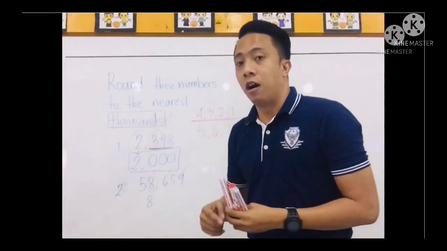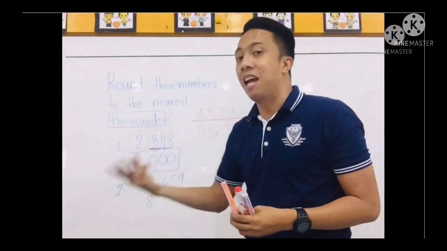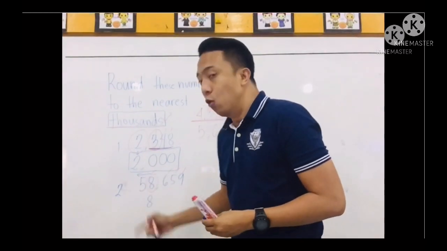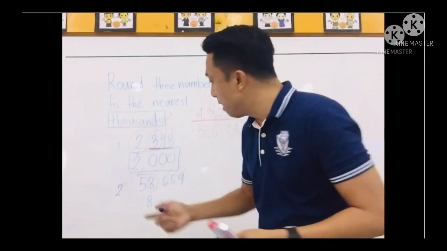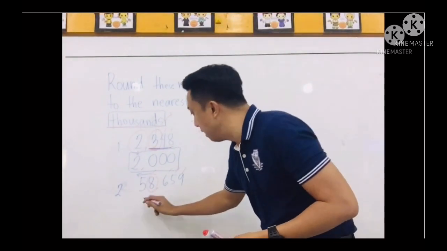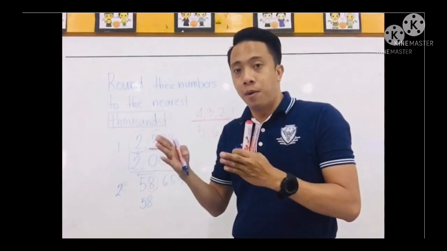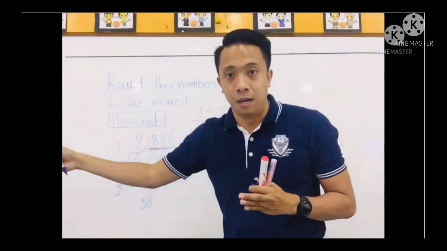If there is a number on its left side, you will just copy those. Just copy, alright? So if this one is 5, then just copy also 5. Again, all the numbers on the left side, you will just copy.